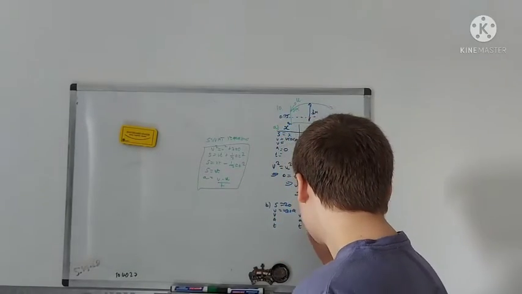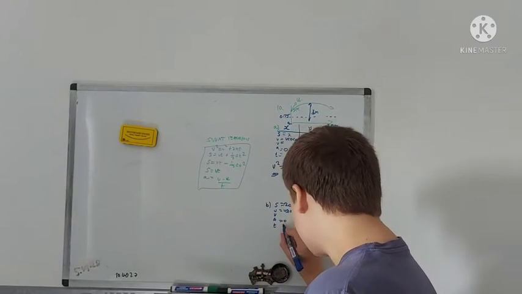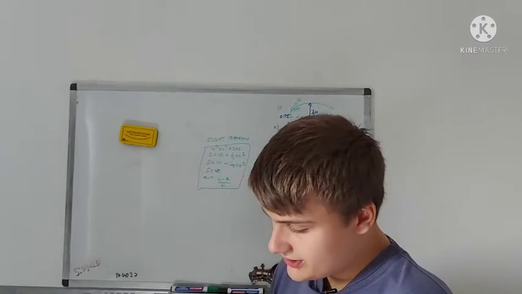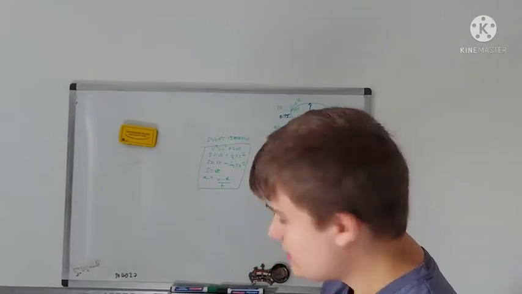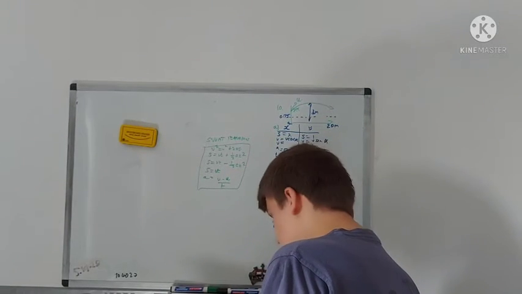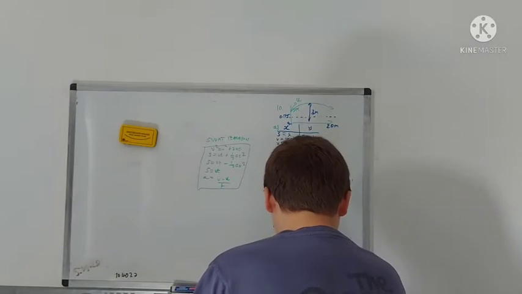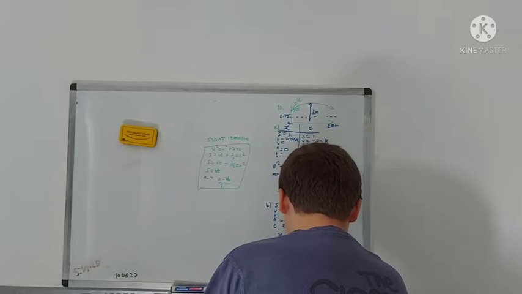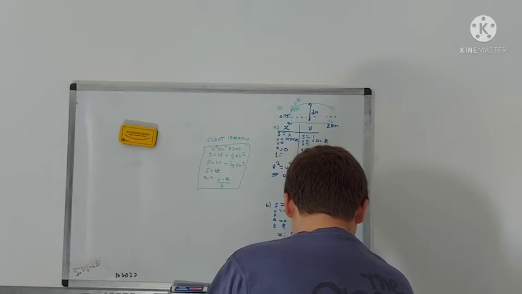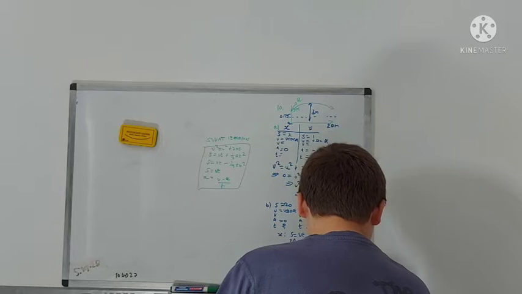So the acceleration again will be negative g. Over here it will be 0. We need to find out what this time is. So in the x, we've got s is equal to ut plus 1/2 at squared. And then we've got 20 is equal to ut cosine of alpha, which implies getting t on its own is equal to 20 over u cosine of alpha.